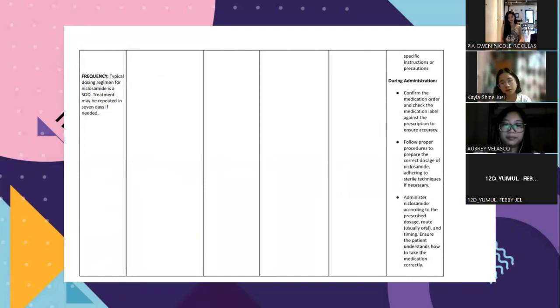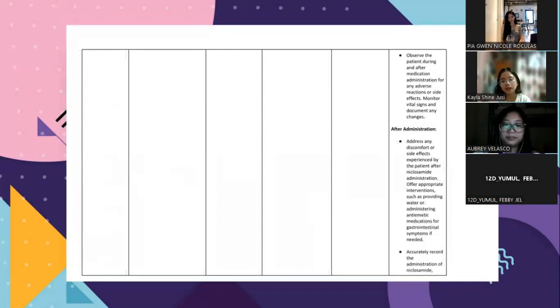Administer the niclosamide according to the prescribed dosage, route, usually oral, and timing, and ensure the patient understands how to take the medication correctly. Also observe the patient during and after medication administration for any adverse reaction or side effects, and monitor the vital signs and document any changes.